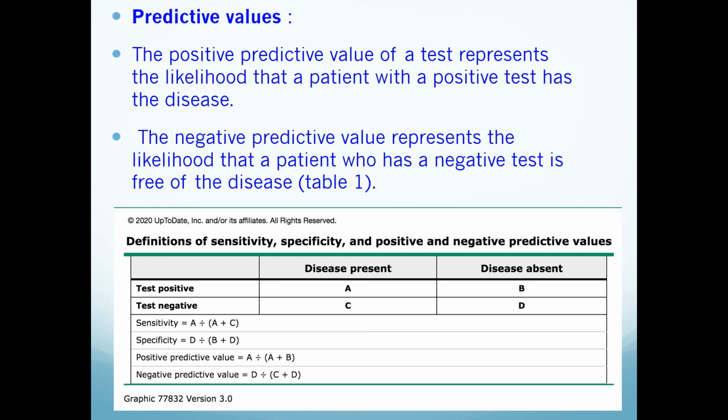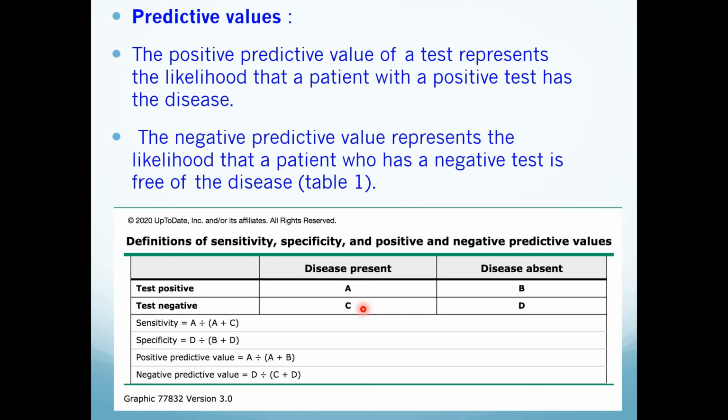So the sensitivity is the test positive, A divided by A plus C. This shows how sensitive the test is in detecting the disease. The more sensitive the test is for detecting the disease, the higher its sensitivity.